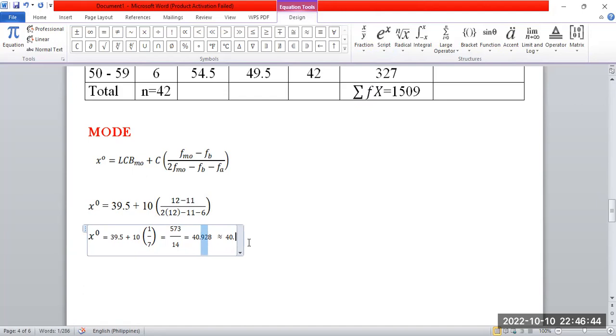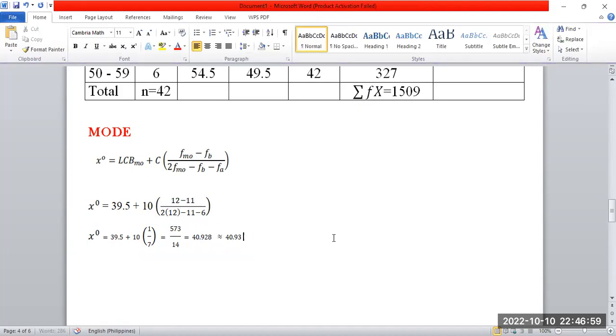So that will become 40 point. So that is 40.93. So our mode is equal to 40.93. That's how you compute the mode for group data.